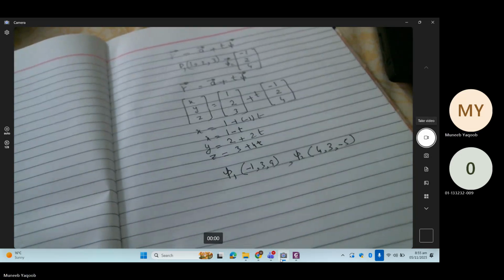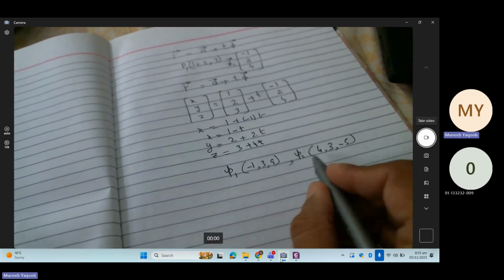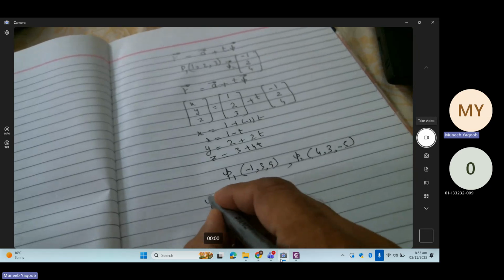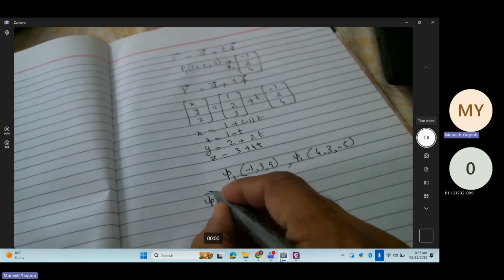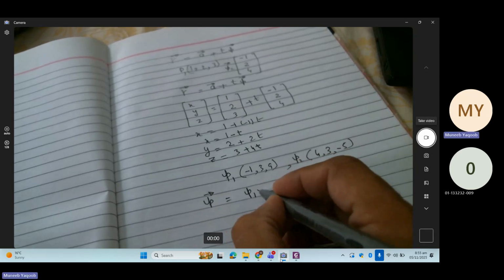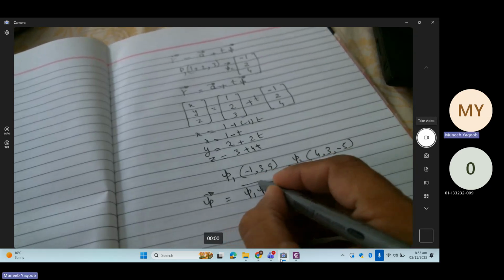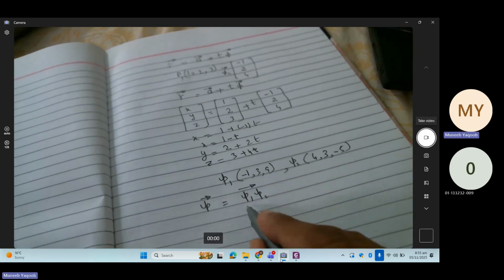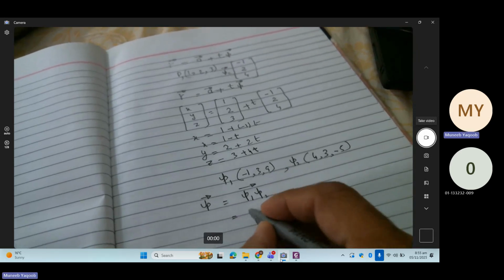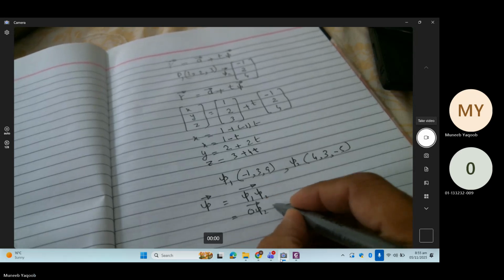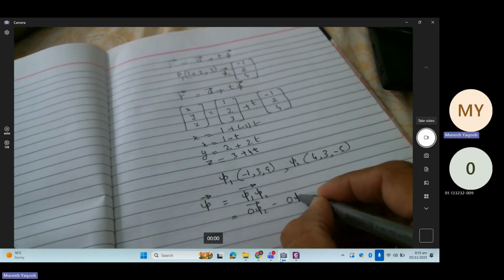So first of all, if we are given 2 points, we will find the direction vector P. The direction vector P will be the vector P1P2. Now how will we find P1P2? It will be OP2 minus OP1.